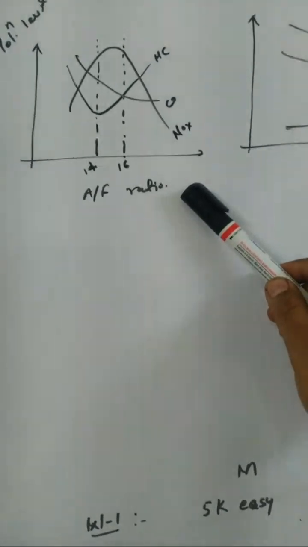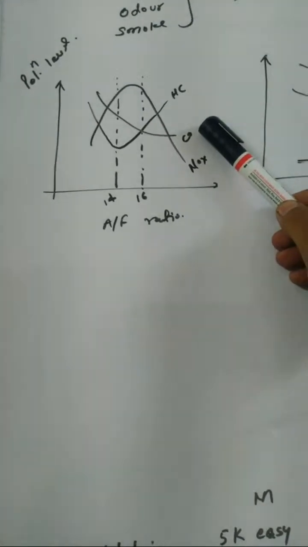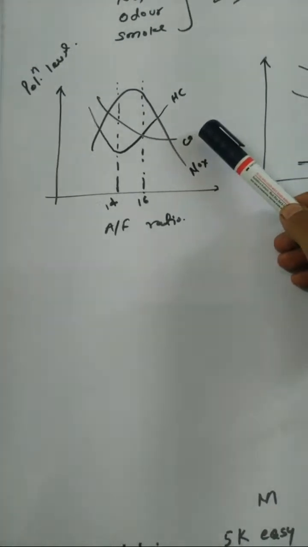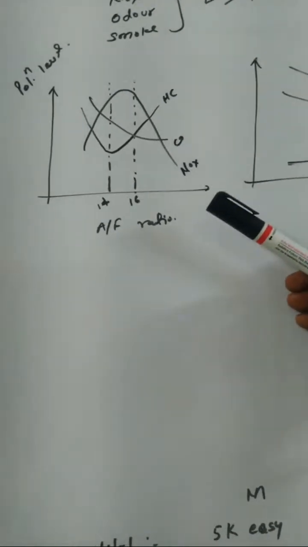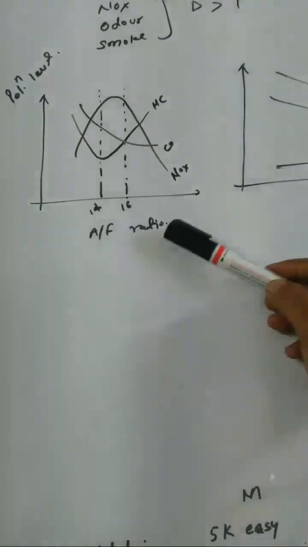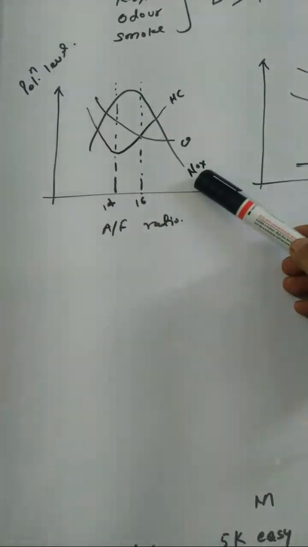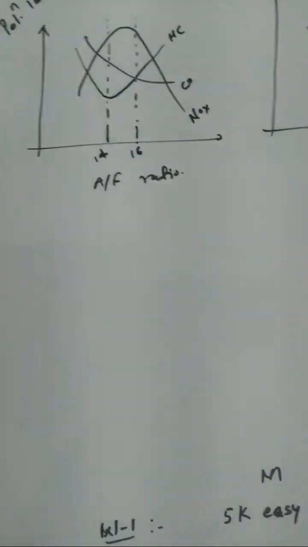If the fuel is leaner, the carbon monoxide pollution level will be low, but again we have a certain limit. We cannot increase the air fuel ratio endlessly, otherwise the engine will stop working. So we have to make a trade-off. And the NOx is highest in this range.